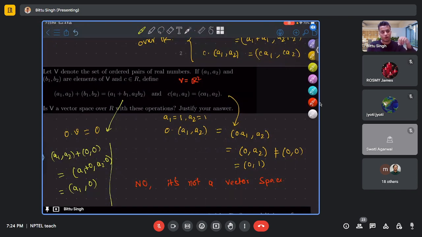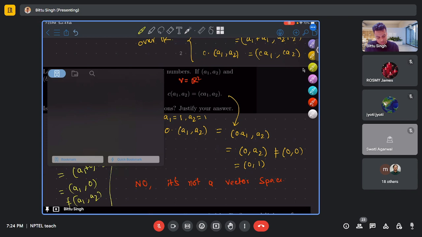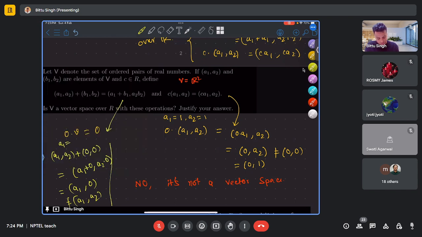So not only multiplication is problematic, addition is also problematic, because adding something with 0 should give the same thing, but you can see that it is not same as a1 comma a2. You can choose a1 to be 1, a2 to be 1 also.